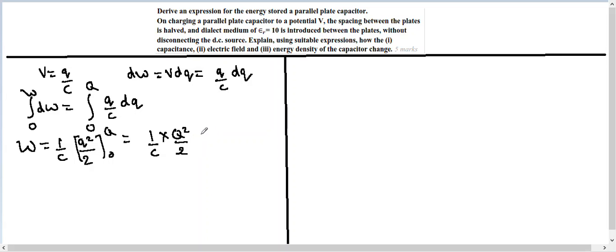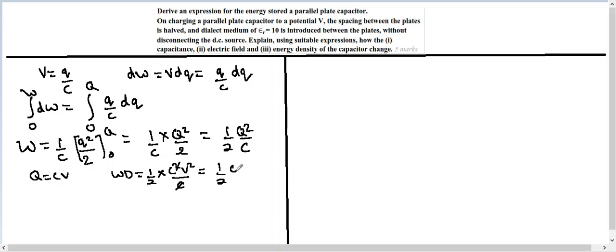So the value of the total energy stored or work done is equal to half into Q square by C. Now, we know that Q is equal to CV. Therefore, work done can also be written as half into C square V square upon C. So, one more formula that we get is half CV square.